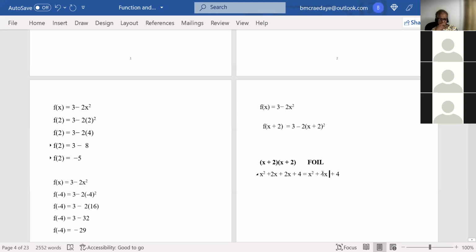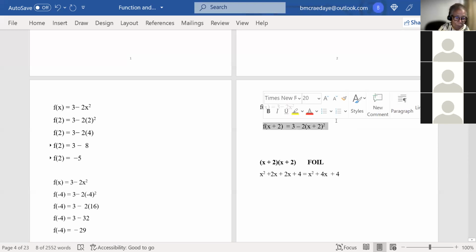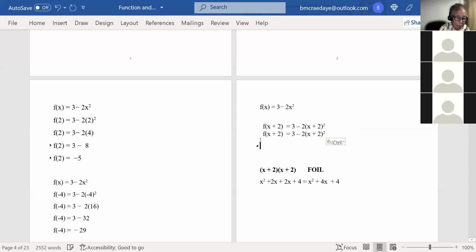So the x plus 2 squared is x squared plus 4x plus 4. Okay, so you plug that in, multiply it by negative 2. So when we squared this, we got this expression.